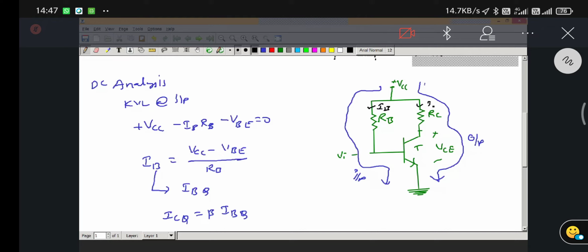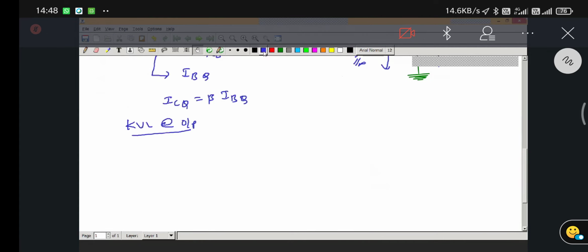Here the current is the IB base current, and here the current is the IC current. So VCC minus ICRC minus VCE equal to 0.